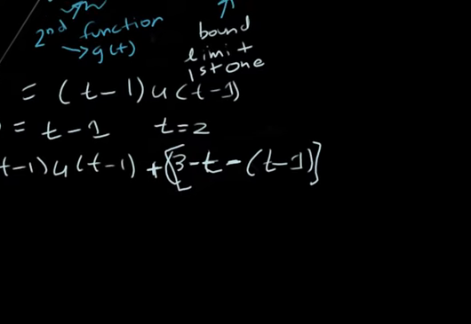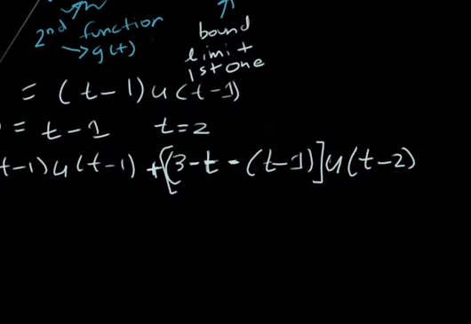So t minus 1 minus t minus 1, and then that should give us, what are we looking for? So 3 minus t minus 1 minus t minus 1, and you multiply it by u of t minus 2, which is the other bound that we have.